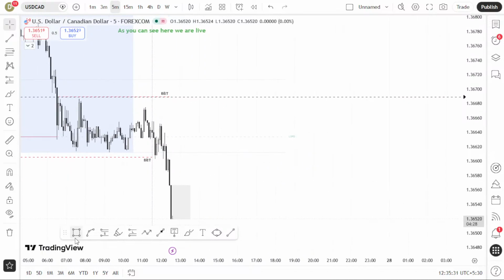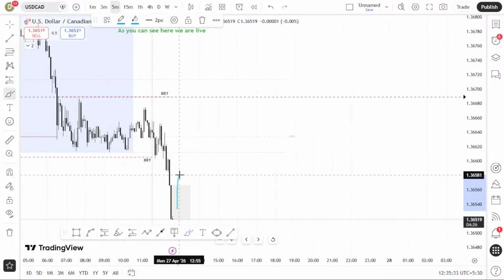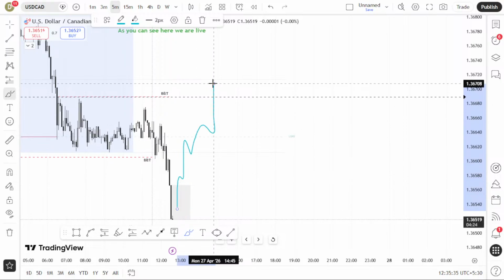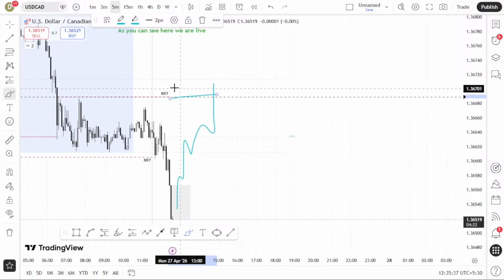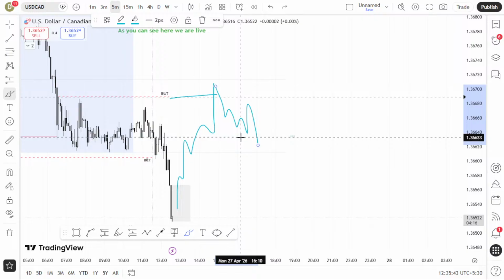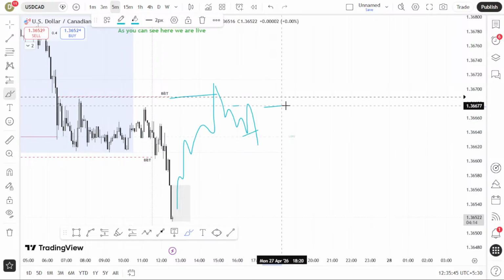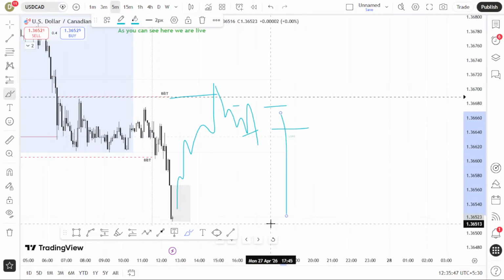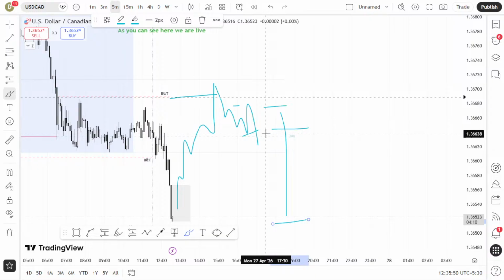What we are expecting is price to move to the upside. We'll use this area and look for the low time frame, which will indicate when price has shifted to the bearish side, and then we could trade off that area.